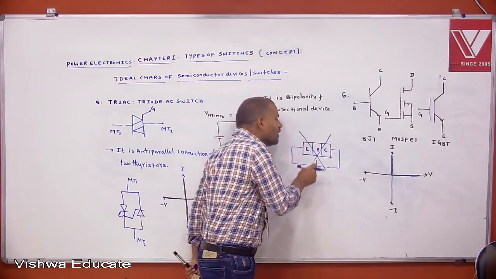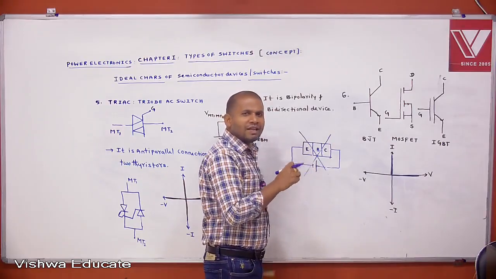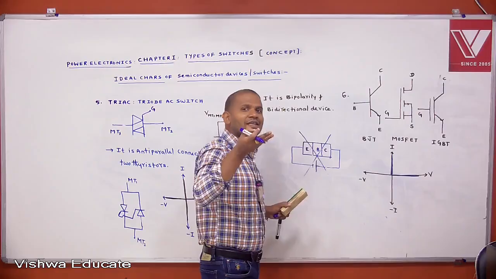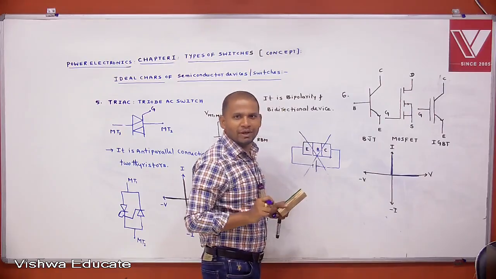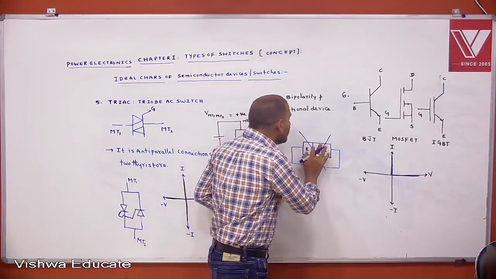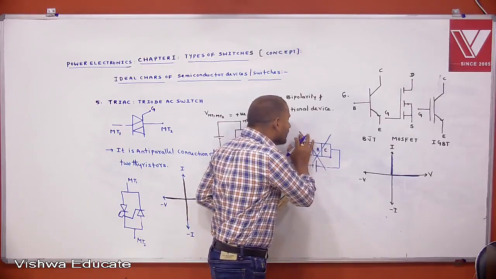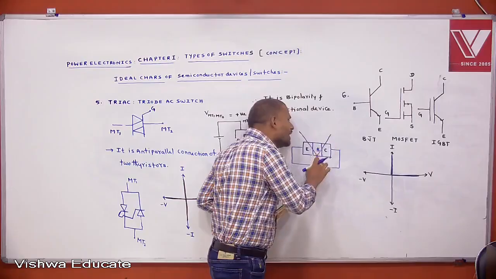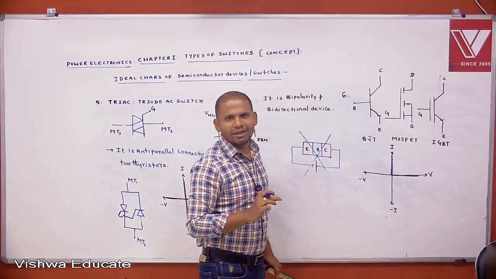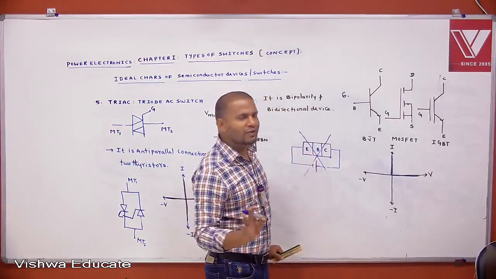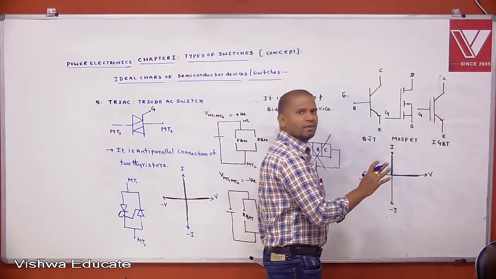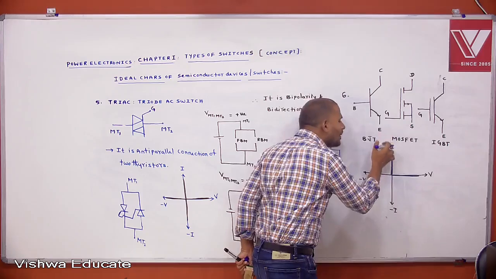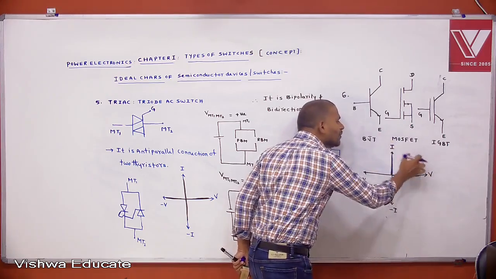If the reverse voltage is applied, it cannot withstand much voltage. That's why a BJT, MOSFET or IGBT has no operation for reverse voltage. Simply remember like this: BJT, MOSFET or IGBT is operated in which quadrant? First quadrant only.